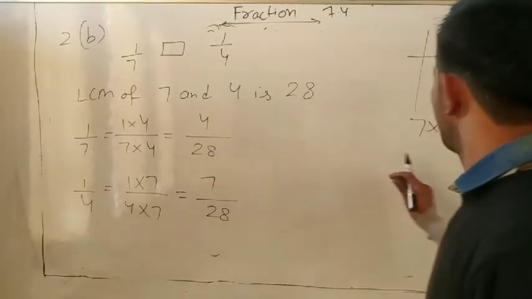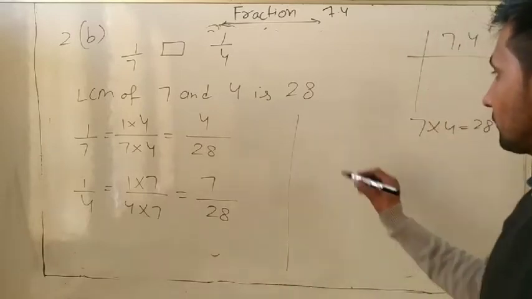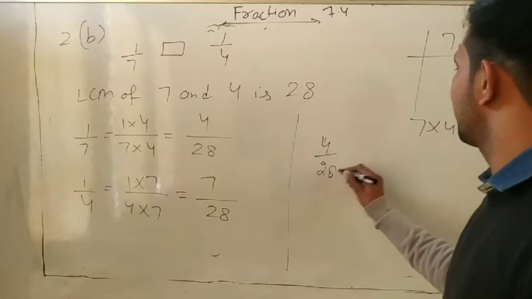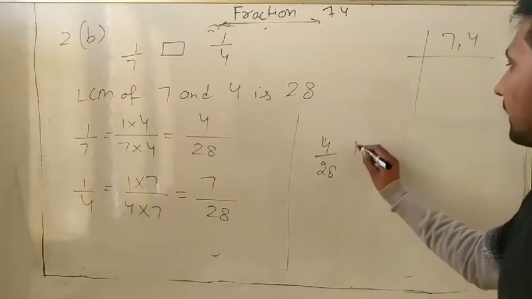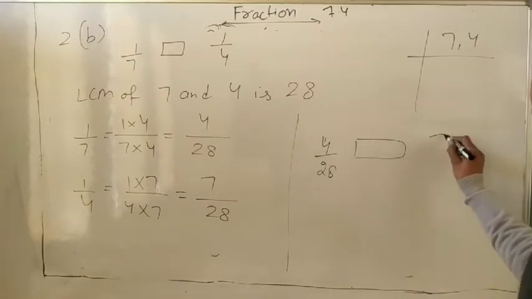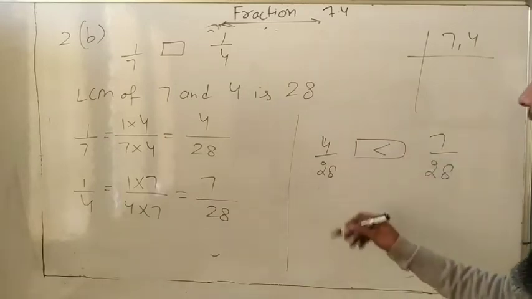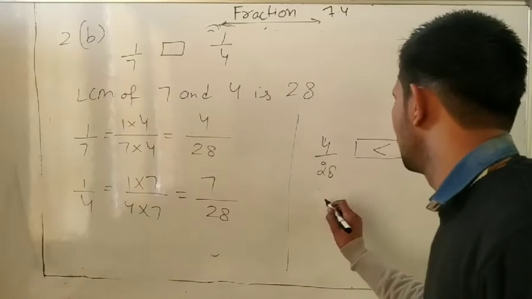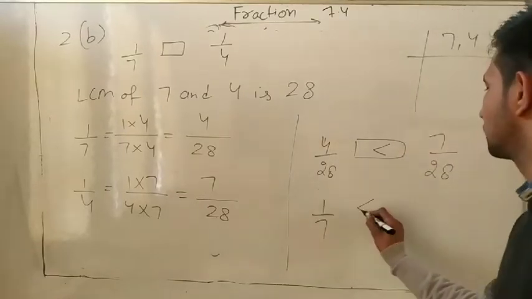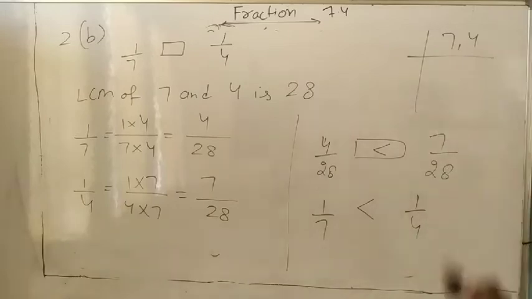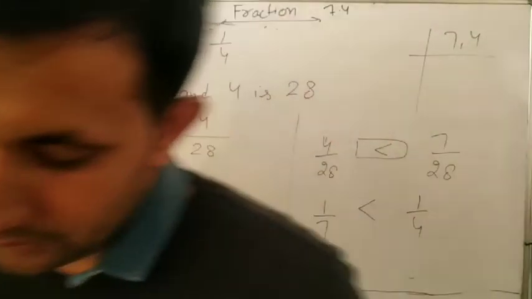Now write 4 by 28 and 7 by 28 with the sign. Which one is greater? 4 by 28 means 1 by 7, and 7 by 28 means 1 by 4. Like this you can find it out for unlike fractions also.